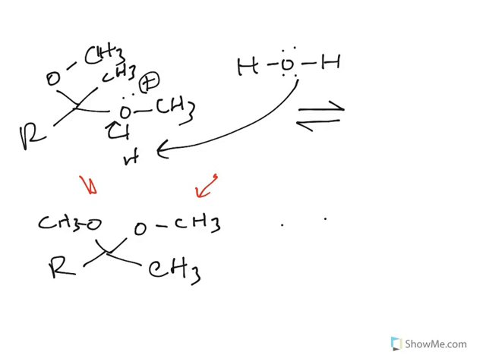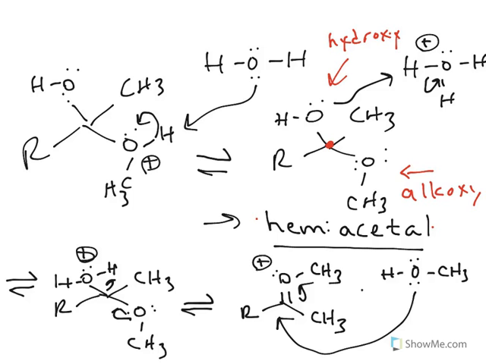So both of these groups I've pointed to in red are alkoxy. So this is not the hemiacetal, but this guy will be called the full acetal. All right. So we have an acetal and a hemiacetal.